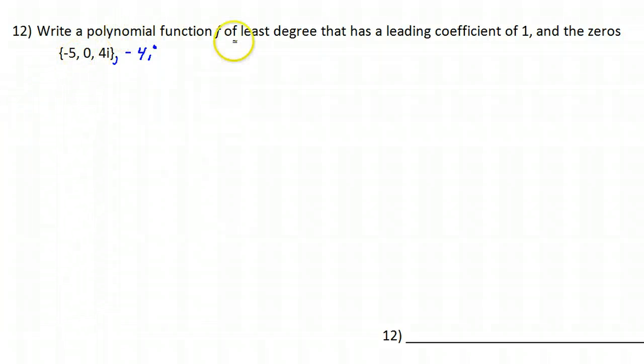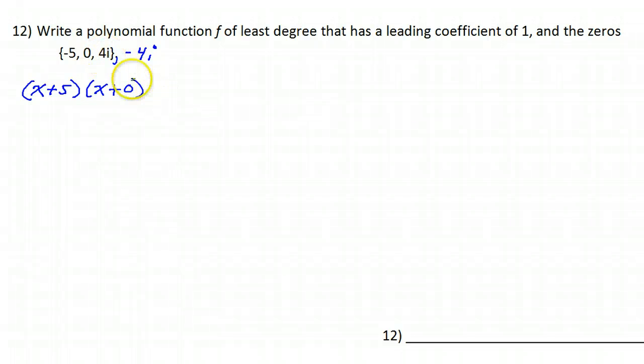Now, to get a polynomial function going, what we really need is our factors. So, a 0 of minus 5 would come from a factor of x plus 5. A 0 of 0 would come from a factor of x plus 0.